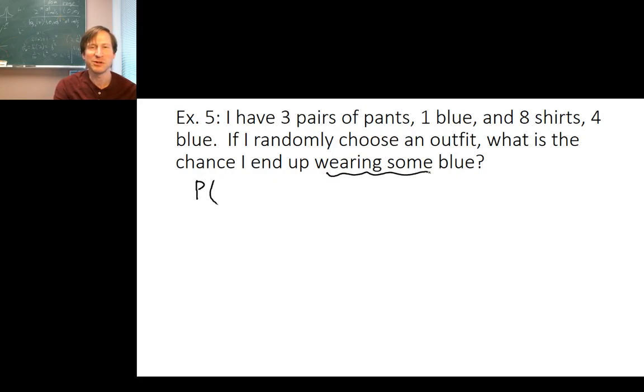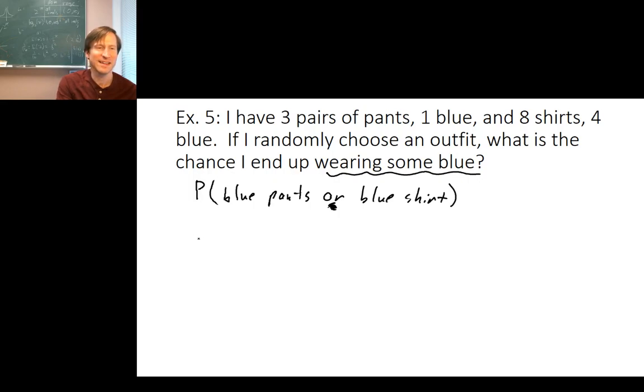Wearing some blue, I guess this would mean that I have blue pants or a blue shirt. So we end up using this word "or". Okay, and that's a giveaway that we should probably use that formula from a second ago.